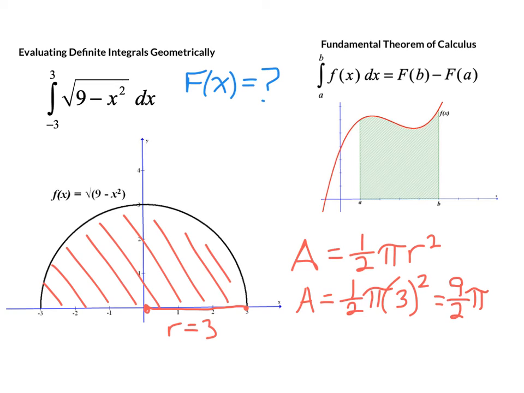It's a very difficult integral, so even if you do know the antiderivative, the fundamental theorem is not the best way to go here. It's best to use the geometry and understand the direct connection between what the definite integral is saying and what it represents graphically. That's what allows us to do that in certain cases. Obviously, in most cases where calculus is helpful, it's not a geometric figure with a formula, so then we do have to use the fundamental theorem or some other strategy.